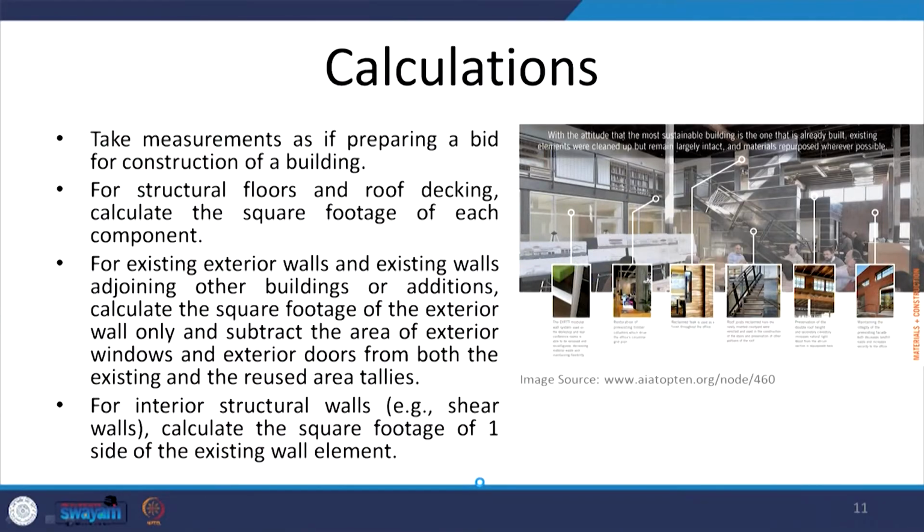the building. Now, if we are going for this particular criteria, proper calculations have to be done and they have to be shown in order to achieve credits. The first is, as I have already discussed, preparation of detailed drawings and inventories, and then the tender document has to be prepared.